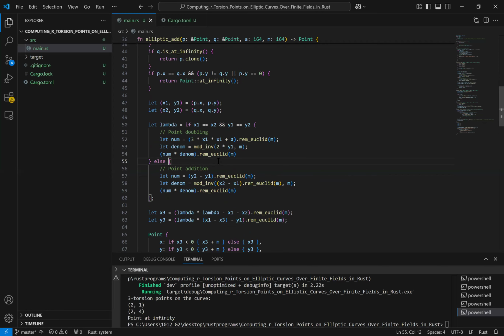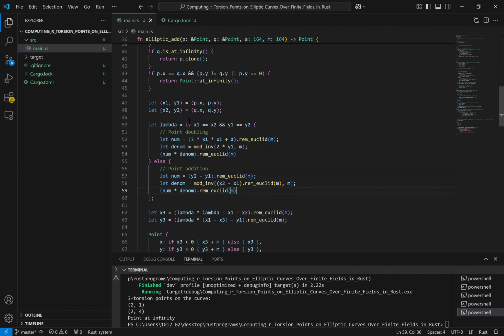That means x1 and x2 are not the same, and y1 and y2 are not the same. So if that is not the case, then how do you find the numerator? You take the change in y, then the denominator is the change in x, but then you get the inverse of that, so that you multiply the numerator and the denominator.